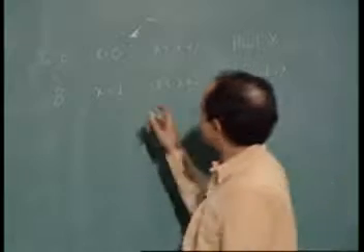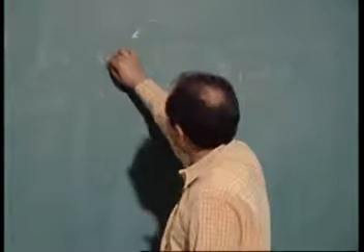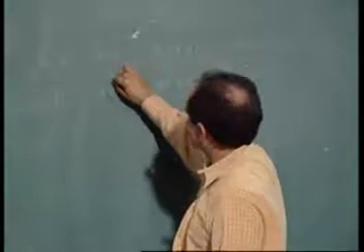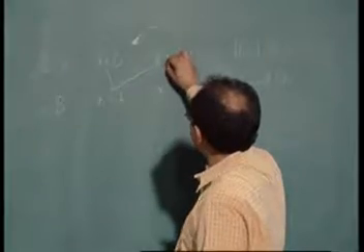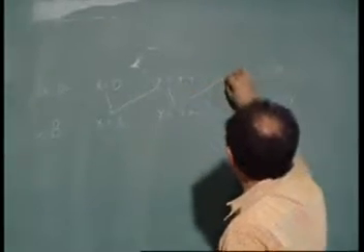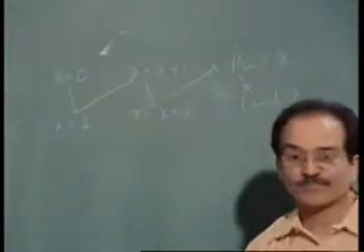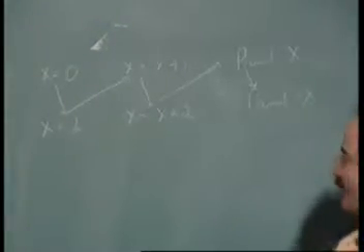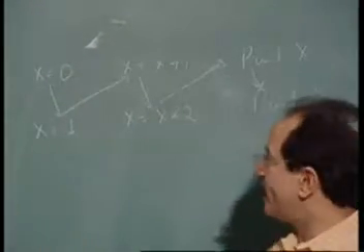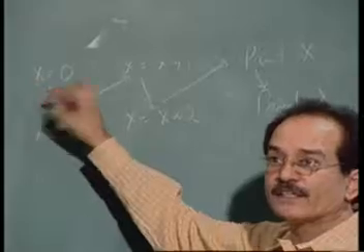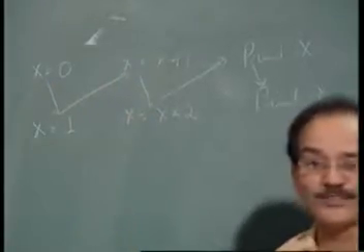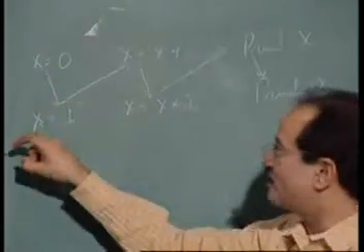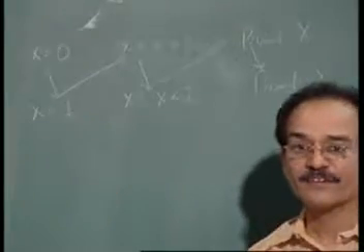Let us say the processes execute like this: initially x is 0, then x is 1, then this statement, then this statement, and then this statement. Maybe this is one sort of execution. The moment x is 0, x will be assigned the value 0. The moment it goes to this statement, x becomes 1.